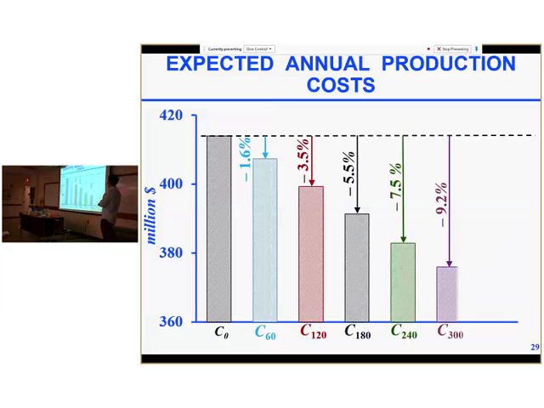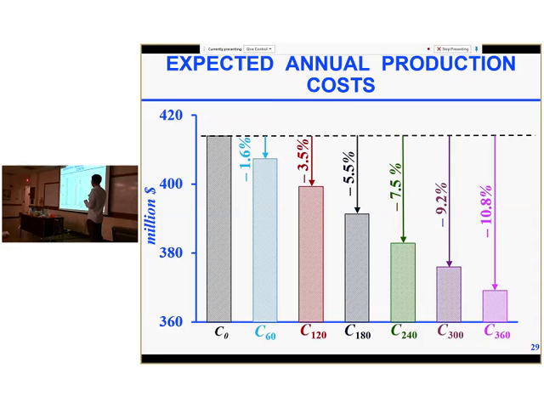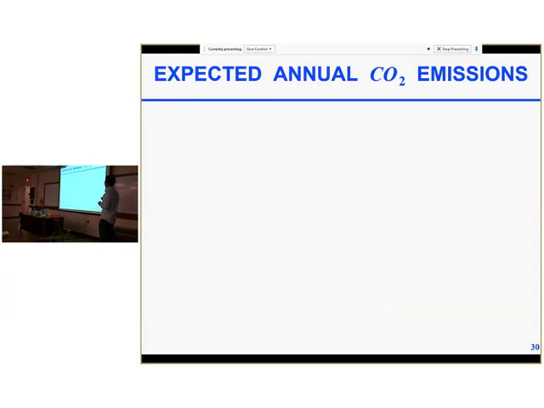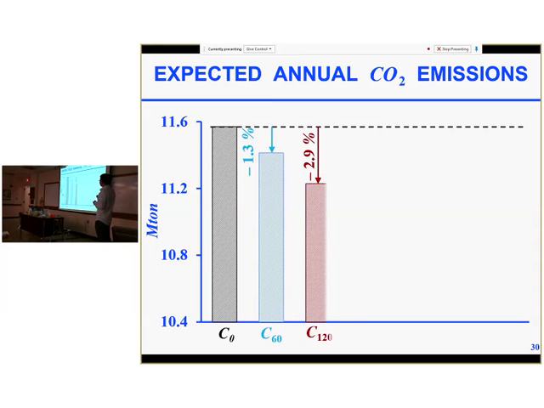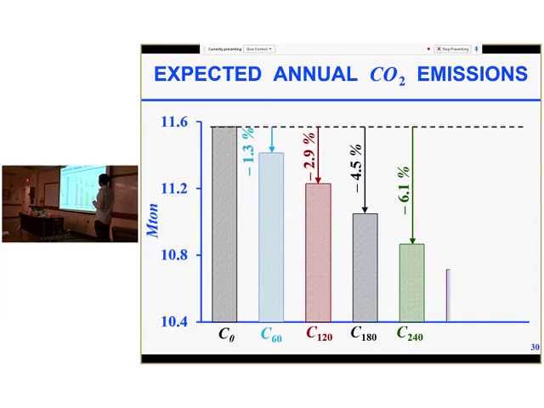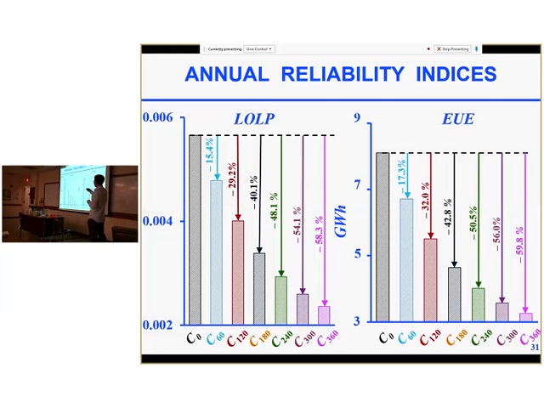In this study, I choose the production cost, the CO2 emission, loss of load probability, and expected unserved energy as the metrics of interest. We can see the implementation of the CSP resources lowers the annual production cost and the CO2 emissions. Similarly, we can also observe the reliability improvement due to the CSP integration.